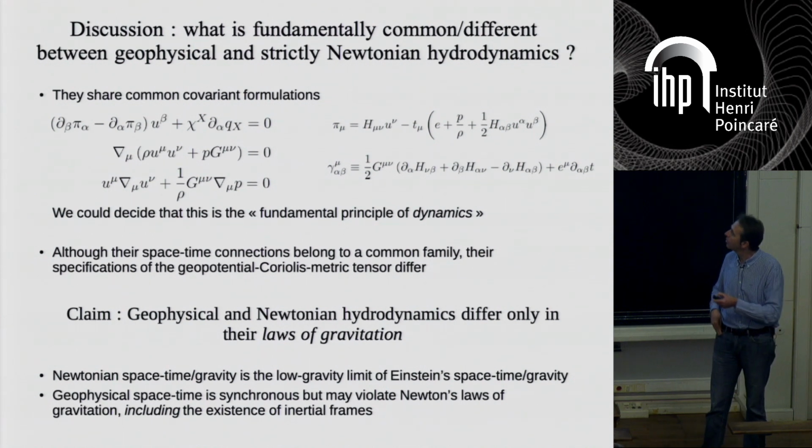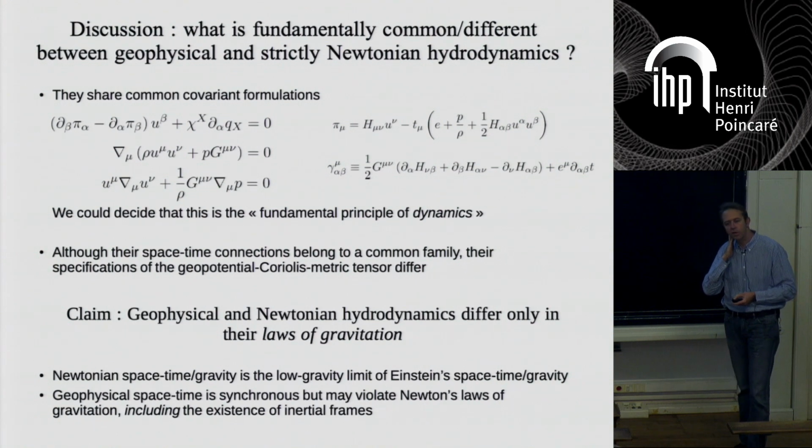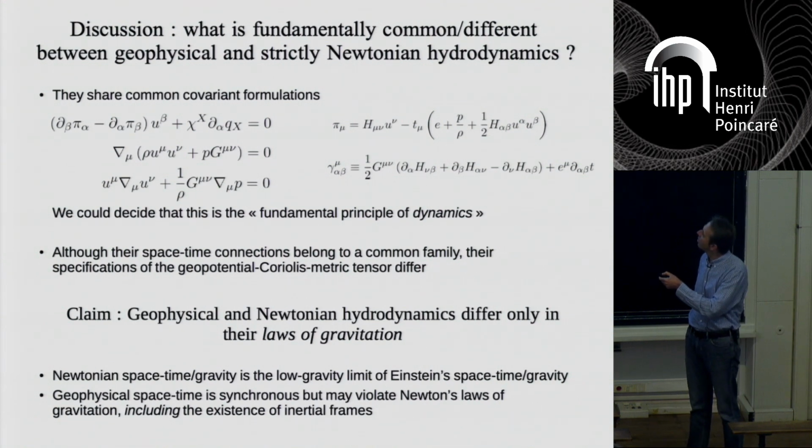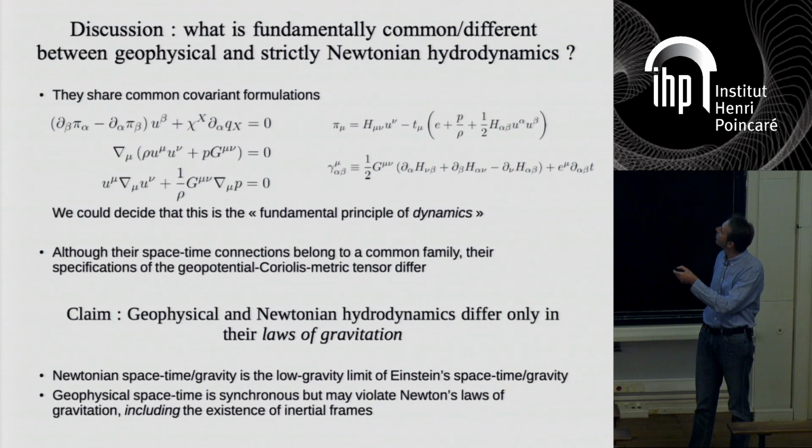We can write them into this Cartan-Lichnerowicz form, which is identical to the curl form or the Crocco theorem. We can write down in terms of the divergence of a mass-momentum tensor. So this is really common.